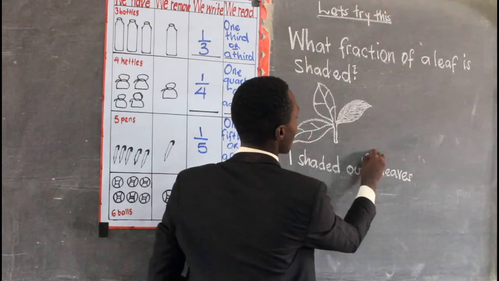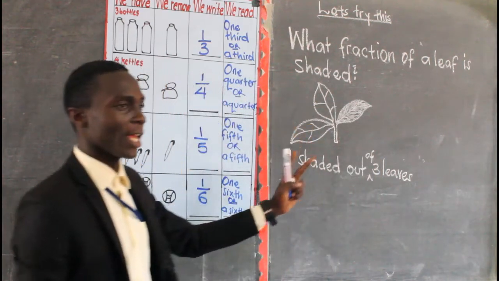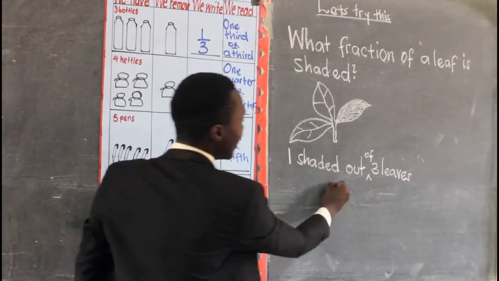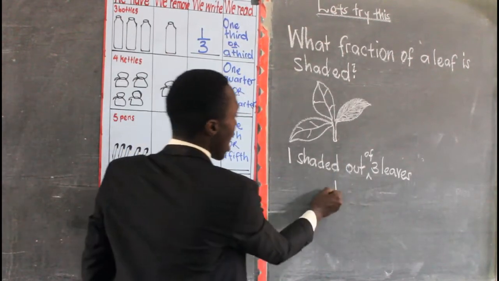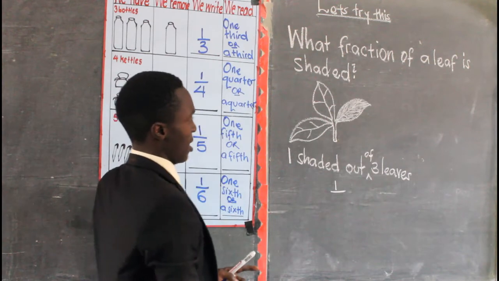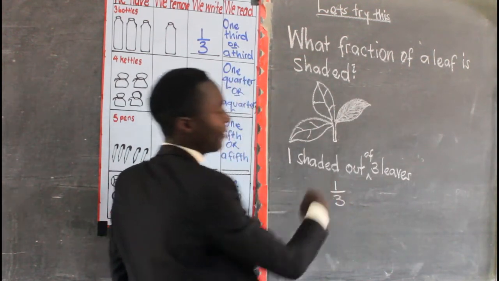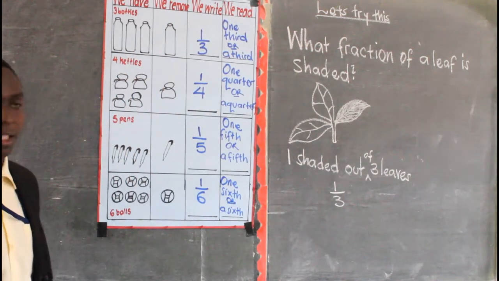It is only 1 leaf which is shaded out of 1, 2, 3, out of the 3 leaves. That's how we write the fraction.